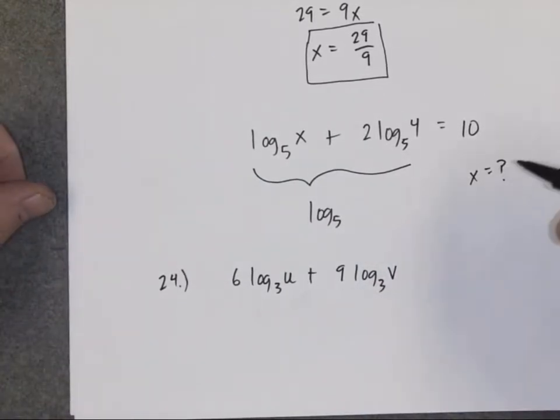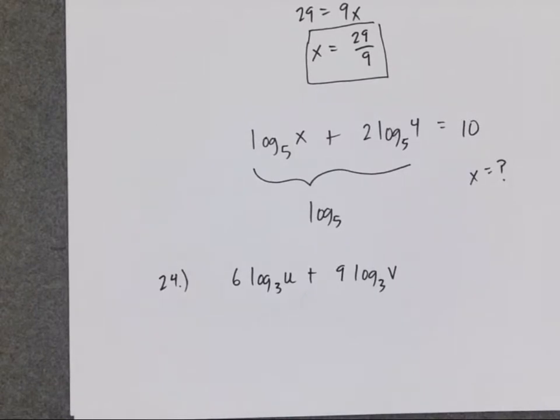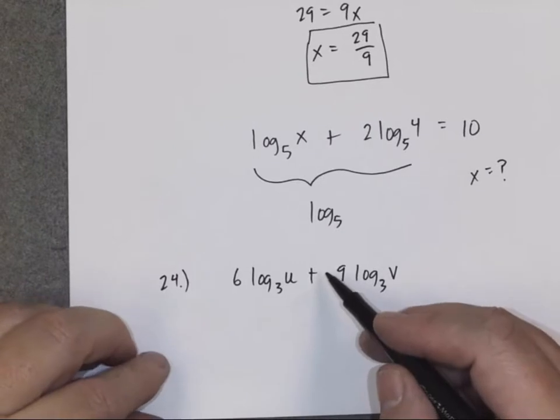And the instructions are, write this expression as a single logarithm. In other words, you have two log terms, combine them into one log term. So we're going to go back to this in a minute.